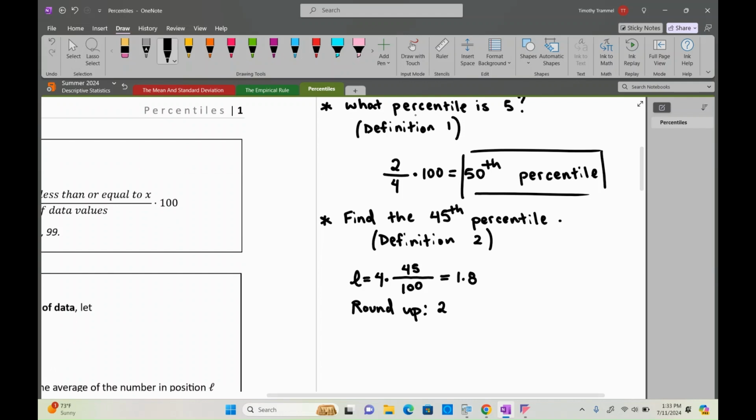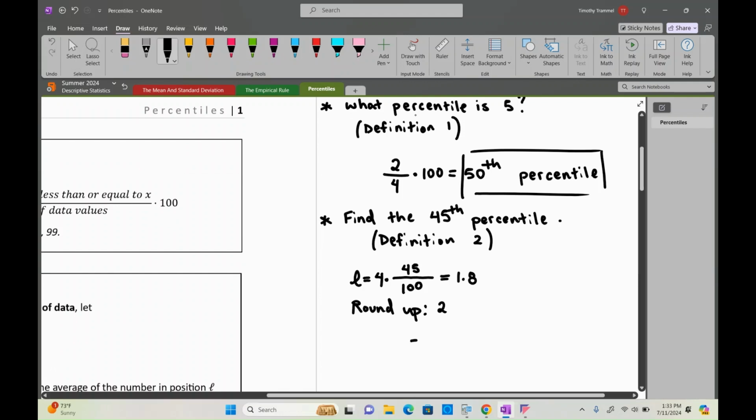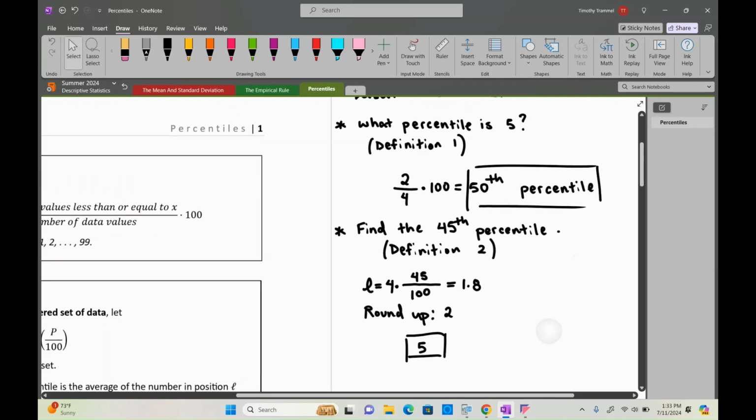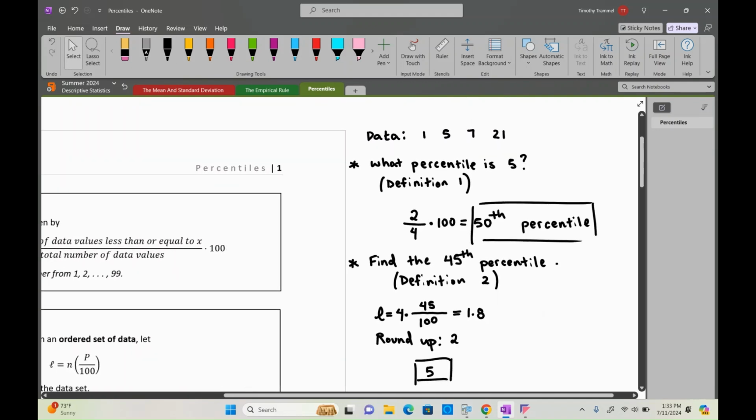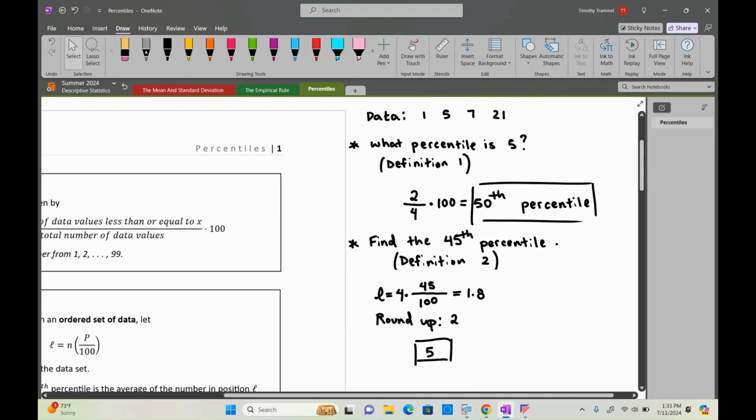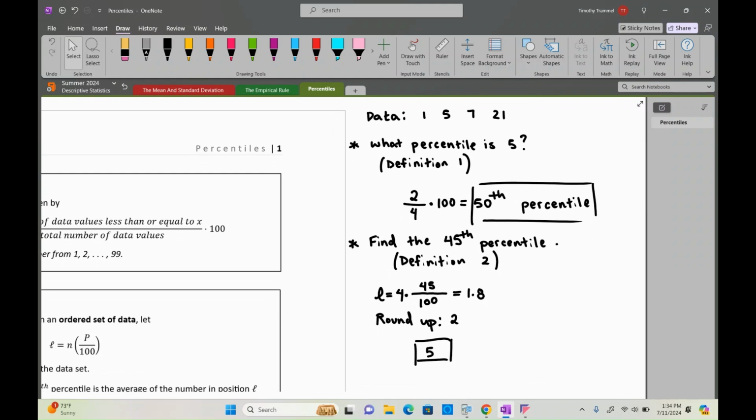Okay. So I'm going to say 5 is our answer. But what I want you to see is we found that using definition 1, 5 is the 50th percentile. And then if we go to find the 45th percentile, on the other hand, we wind up getting 5. So 5 can't be both the 45th and 50th percentile.